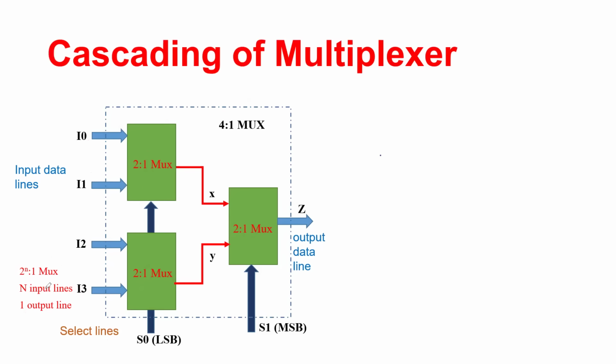So note the difference between input data lines and input select lines. If it is a 4:1 MUX, that means n is equal to 2. Therefore, 2 to the power 2 would become 4. That is the input lines, and 1 obviously is your output line. Now let us head to the truth table of this to understand how this works.